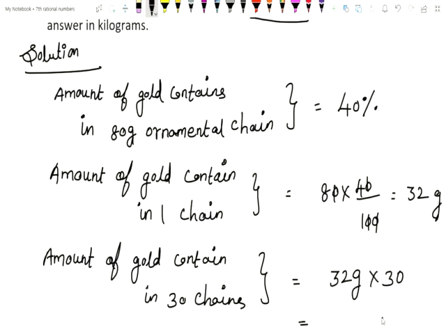Multiply this: 0, 3 2s are 6, 3 3s are 9. So 960 gram.